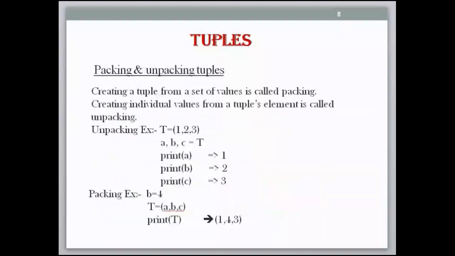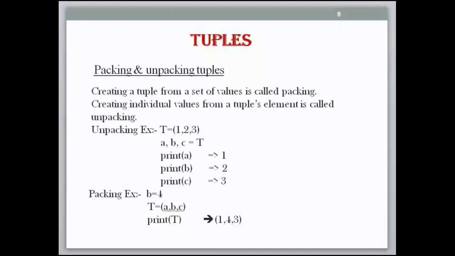We know that tuple is an immutable type, like we cannot change any element of a tuple, right? But we can do this indirectly. How to do that? We can do this by using packing and unpacking of tuples. So what is it? Creating a tuple from a set of values is called packing, and creating individual values from a tuple's elements is called unpacking.